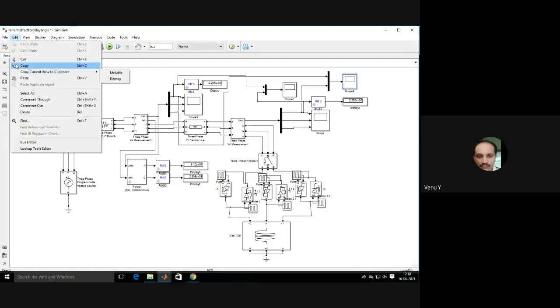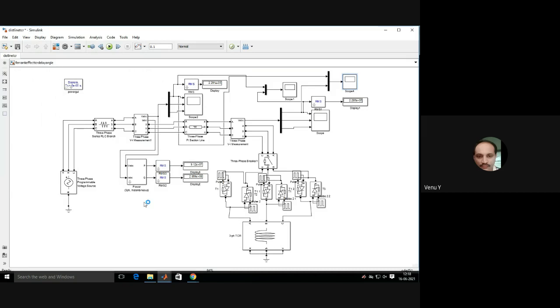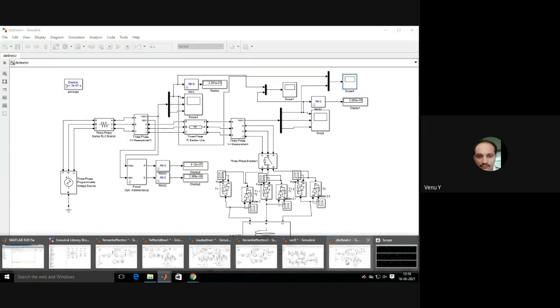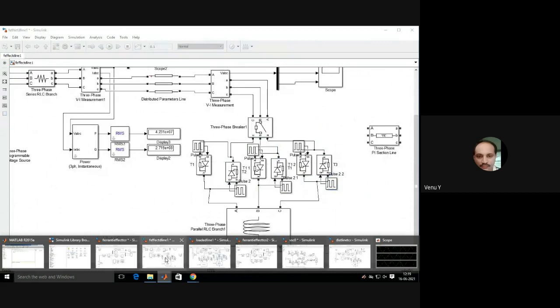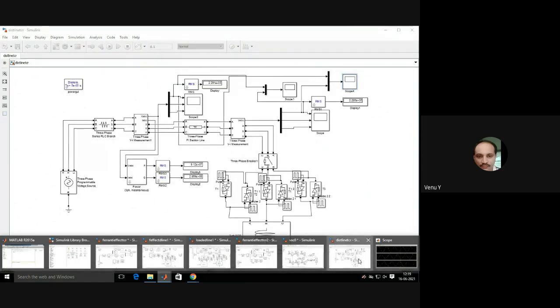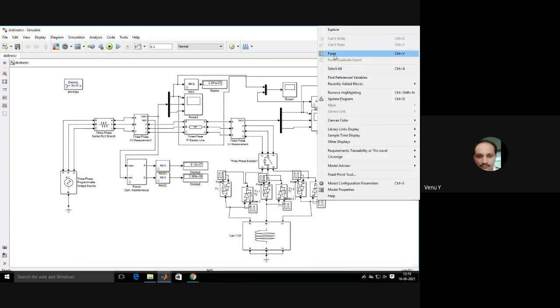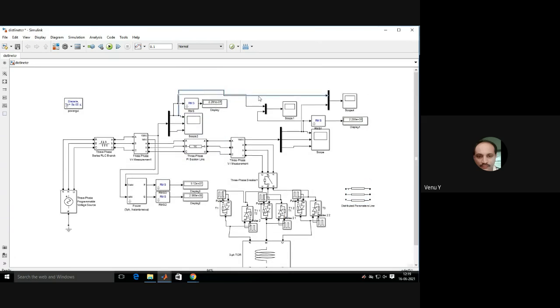So let us do it. You can take a distributed line. So I'll remove this one.